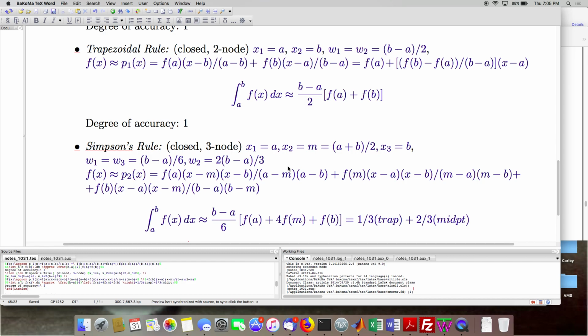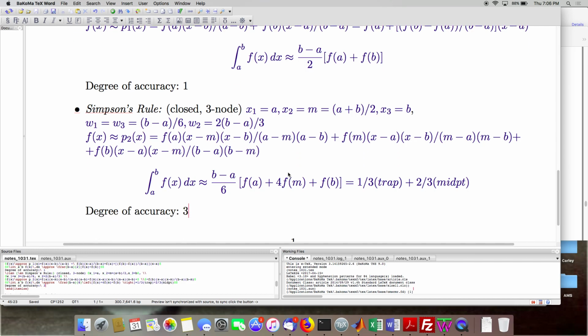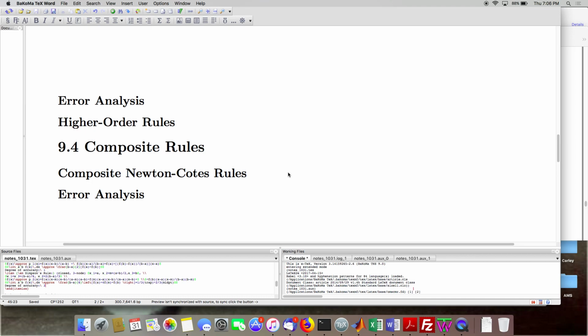All right. Now, how accurate are they really? So in some cases, not all unfortunately, it's not too difficult to come up with an error formula.